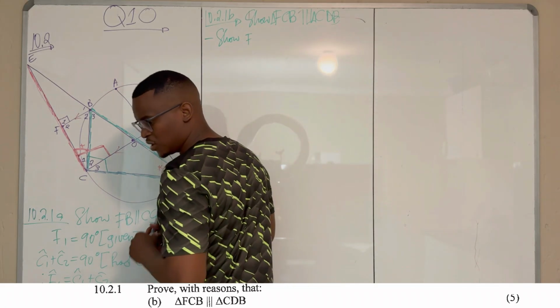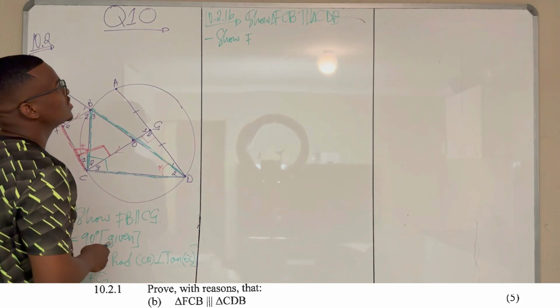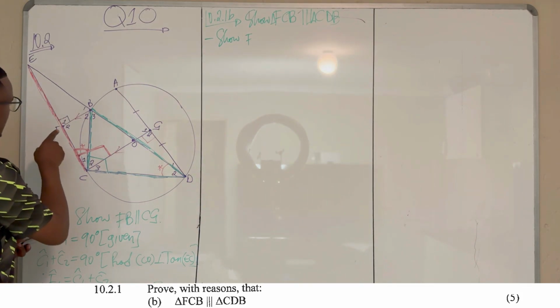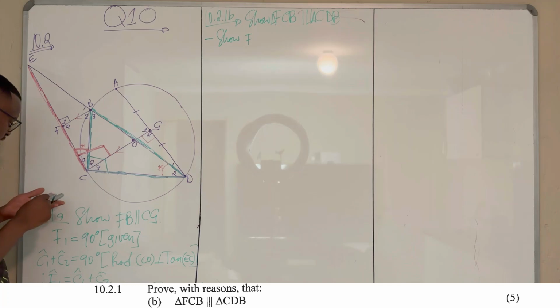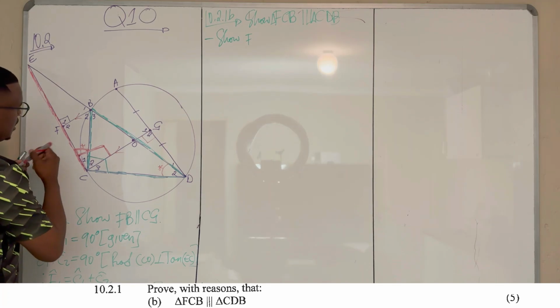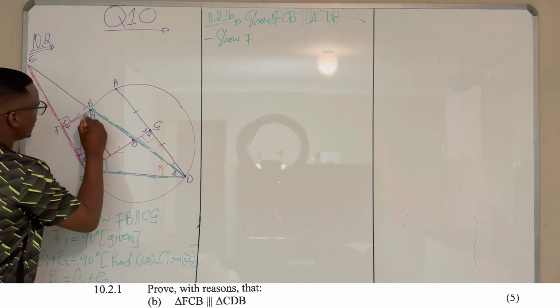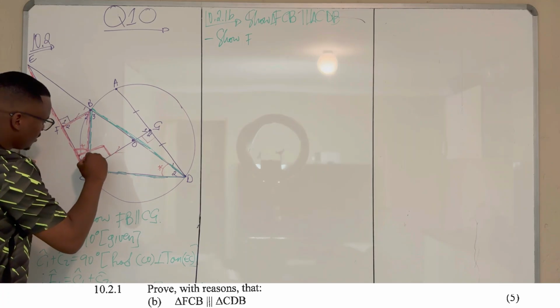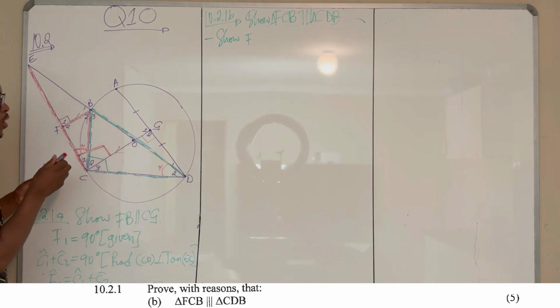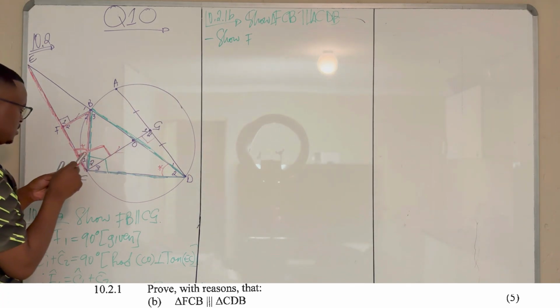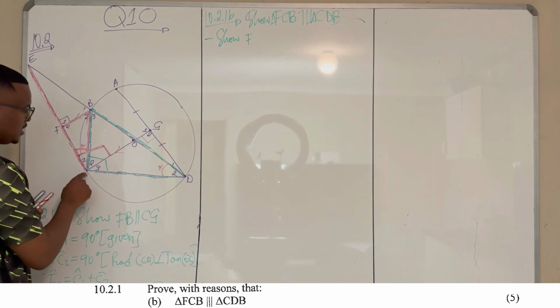Let's look at this triangle so that we can see which triangle we're talking about. This triangle FCB is this triangle over here. Let me make it red. So this triangle FCB is this triangle over here, and triangle CDB.